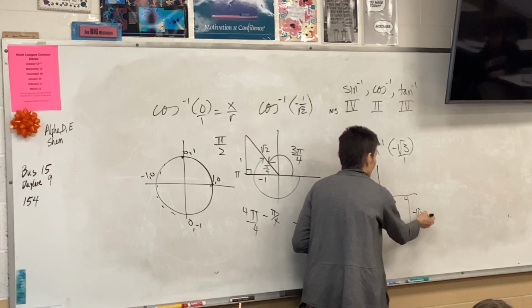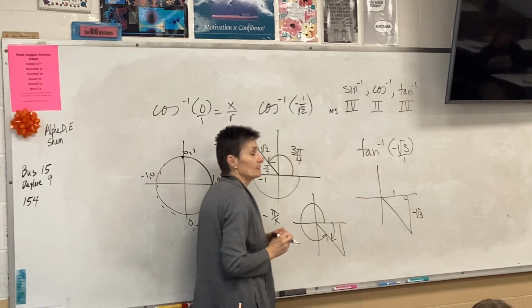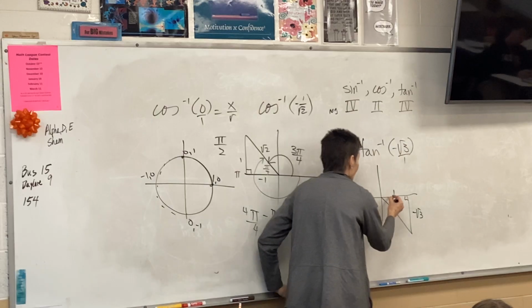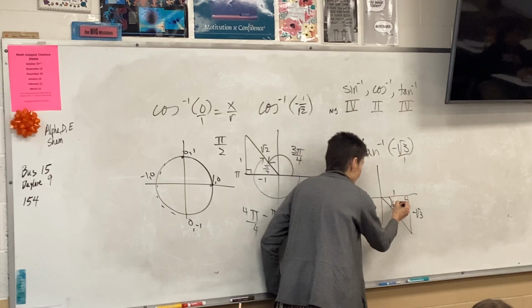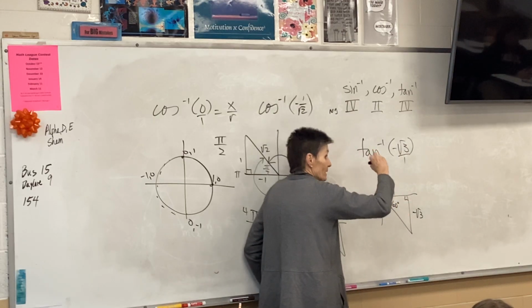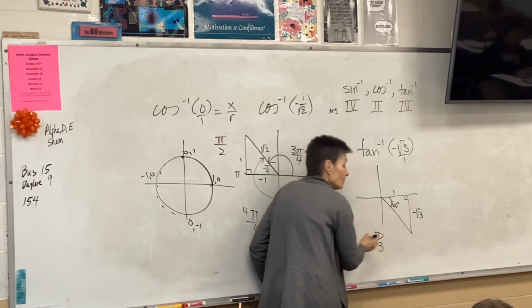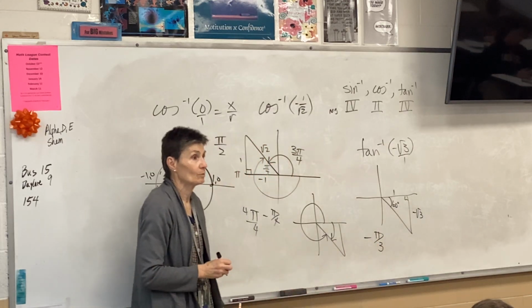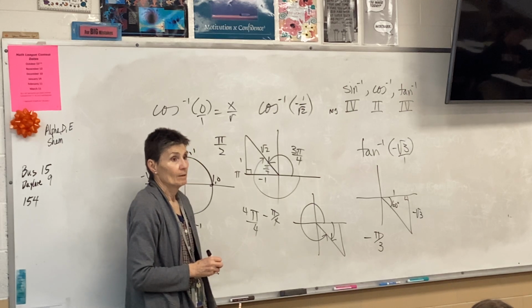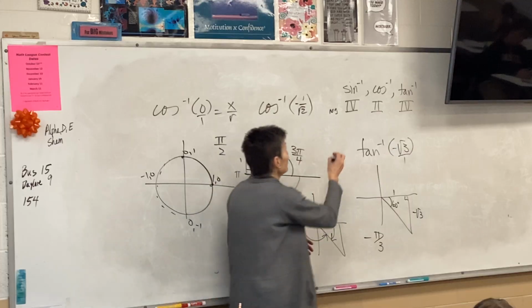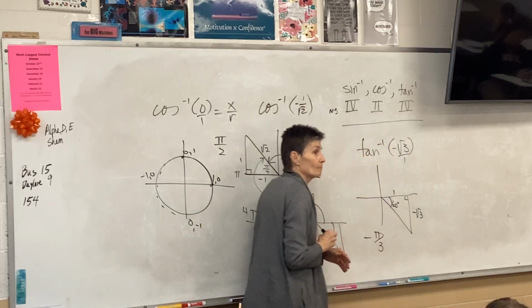Opposite over adjacent is root 3 over 1. Which means this angle is 60, but since I'm going down, negative pi over 3, negative 60, negative pi over 3. Okay. So, not too bad, but you gotta know this.